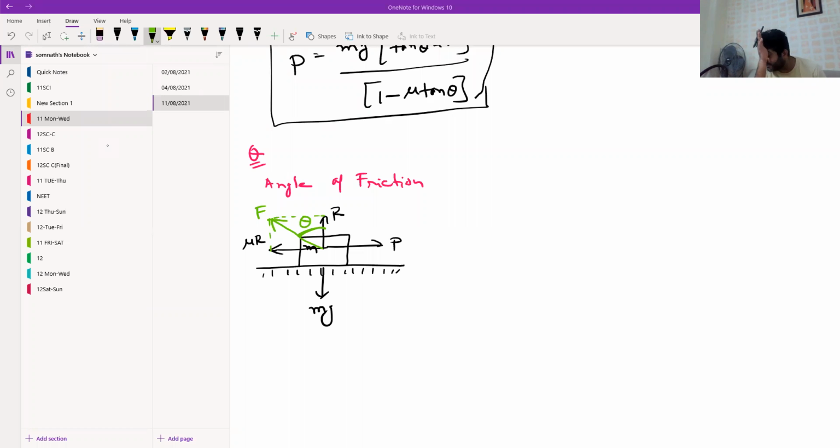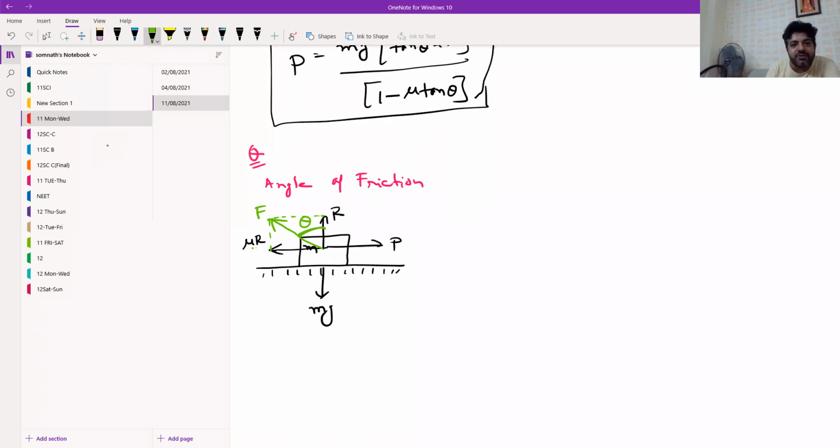The angle of friction may be defined as the angle which the resultant of the limiting friction and the normal reaction makes with the normal reaction. This is my limiting friction, this is my normal reaction. Clear everyone? Yes sir.